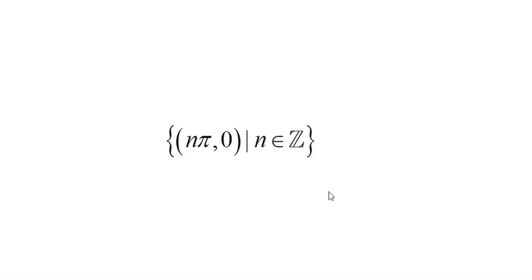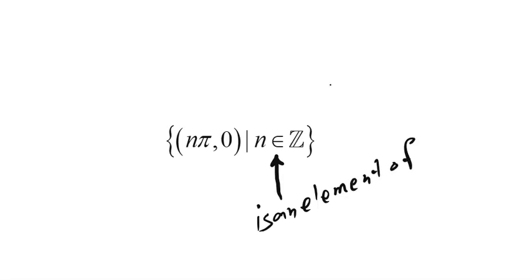So first of all, make sure you understand some of the different pieces of this. This symbol right here is "an element of". This is the set of integers.